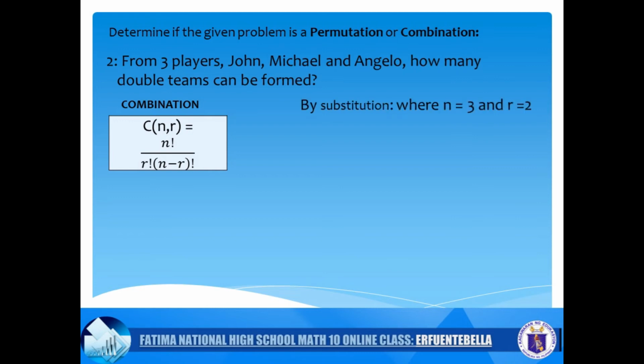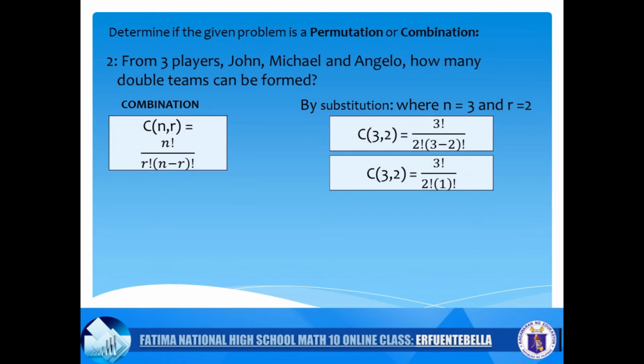Okay, so by substitution, C of 3 and 2 is equal to 3 factorial over 2 factorial times quantity 3 minus 2 quantity factorial. Then simplify. So we have now 3 factorial over 2 factorial times 1 factorial because 3 minus 2 is 1.